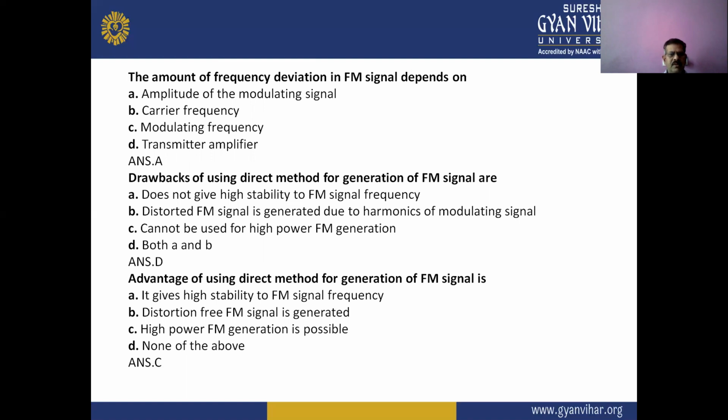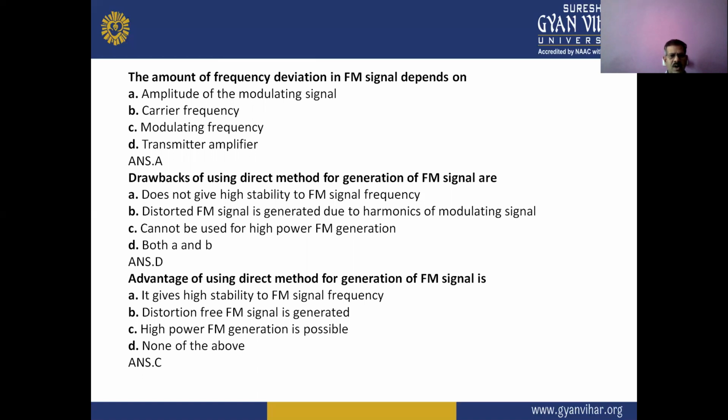And next, advantage of using the direct method for generation of FM signal is: option A, it gives high stability to FM signal frequency. Option B, distortion free FM signal is generated.